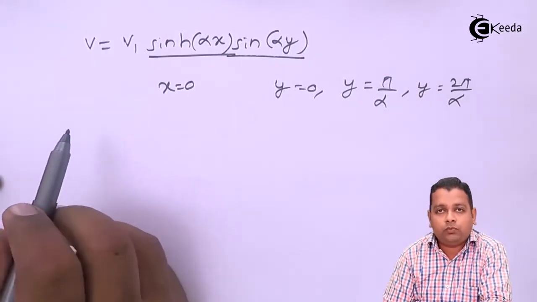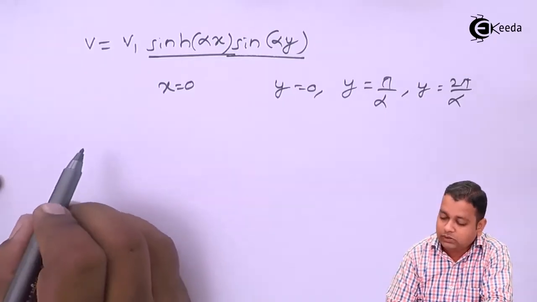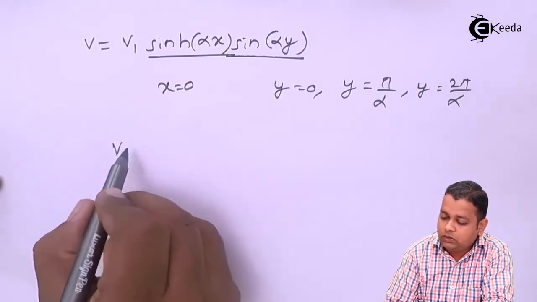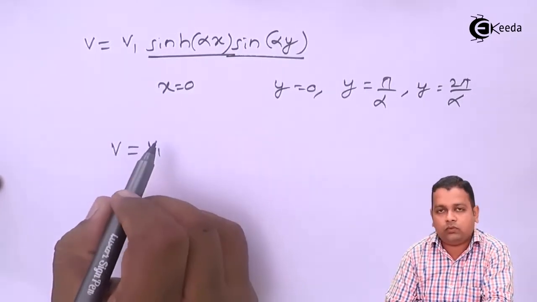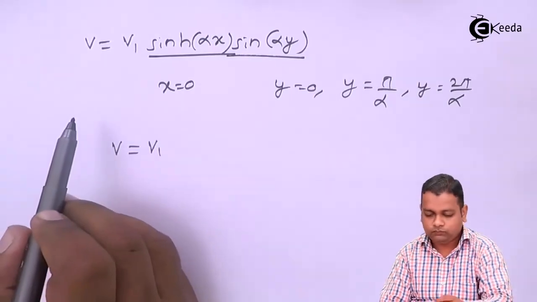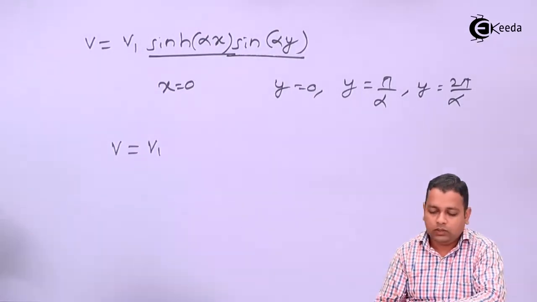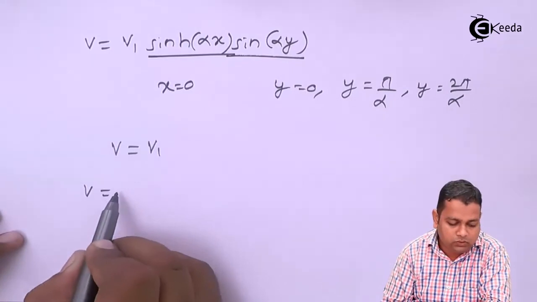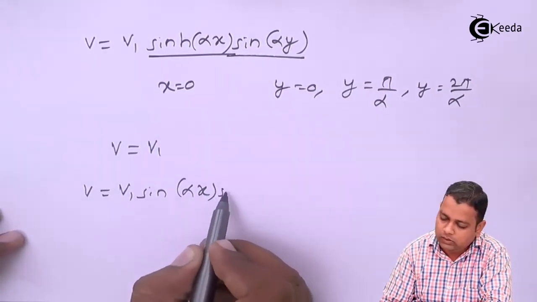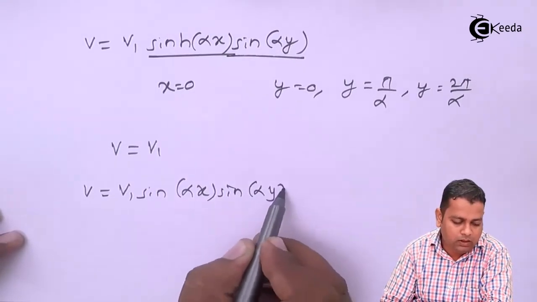Finally, we want the equipotential surface, and the equipotential surface at capital V1 we can obtain by substituting capital V equal to V1. So V upon V1 will be equal to 1. We get the form capital V is equal to V1 sin h alpha x sin alpha y.